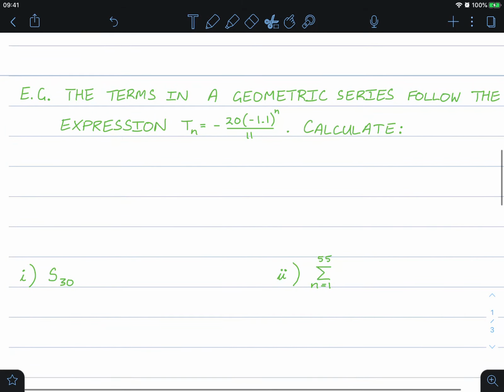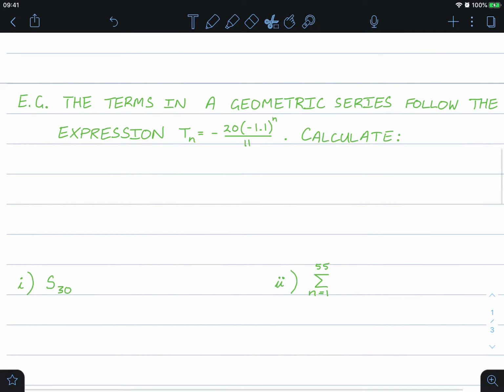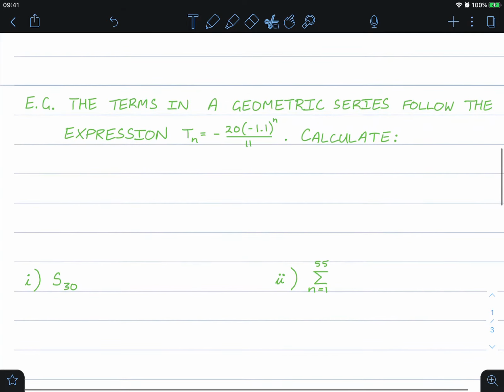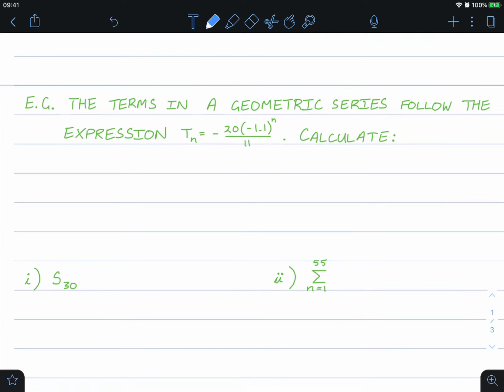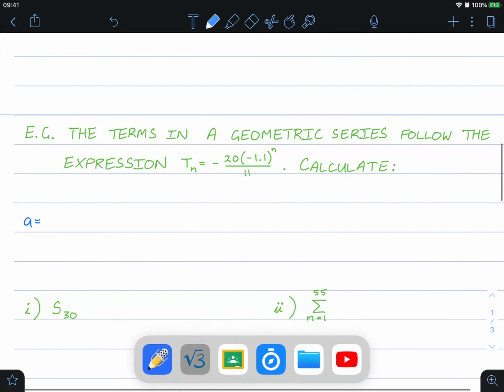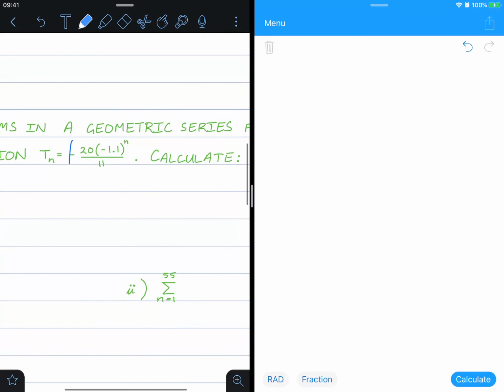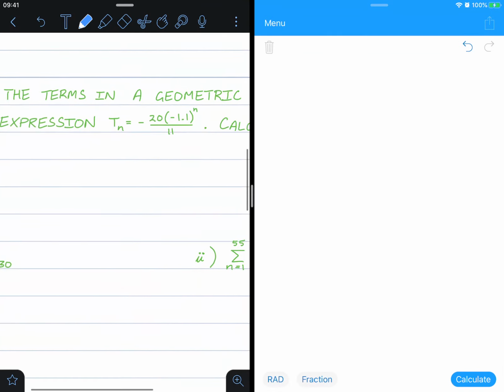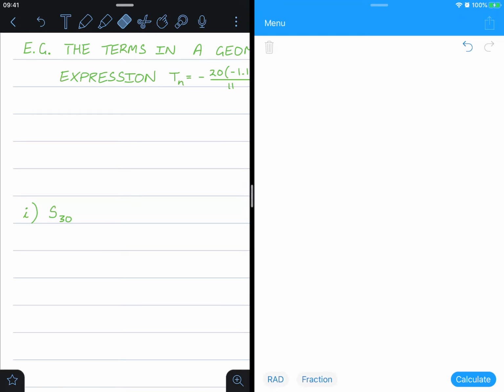So this time we're not given a common ratio or the first term, so we're going to have to calculate all of that first. Remember, we need the first term. We can find that just by substituting 1 into that formula, because that is t1, which is the first term.